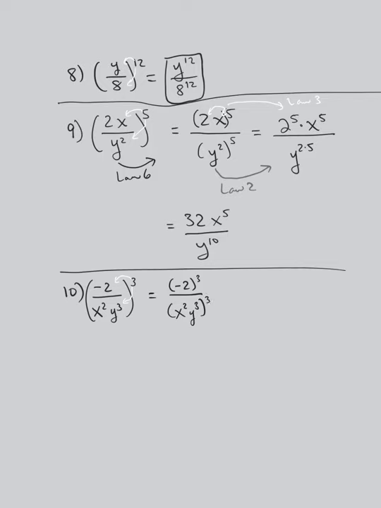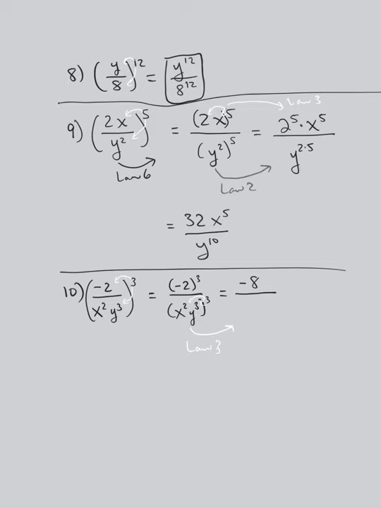Now negative 2 raised to the 3rd, that's just a number, so I can do negative 8. Now for the denominator, what do we have? We're multiplying two things and then raising that to an exponent. So we have a product raised to an exponent, so we're going to use law 3 right here. What does that mean? We distribute that exponent onto each part.